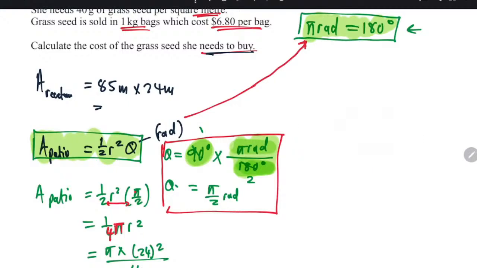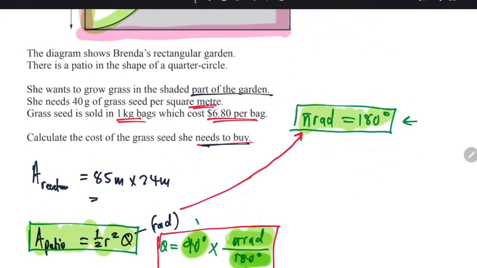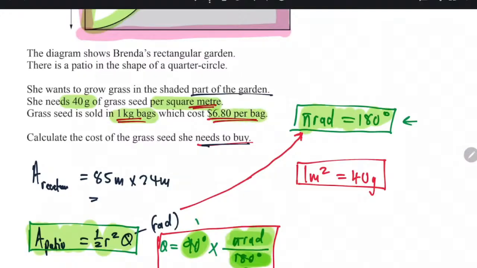The exchange rate, we change it to fractions. Here you've been told 40 grams of seed per square meter, so 1 square meter is equal to 40 grams. We keep it there. Another relationship we've been given is 1 kg bags cost $6.80, and each bag is 1 kg. So 1 kg is equal to $6.80. So now we have all this.